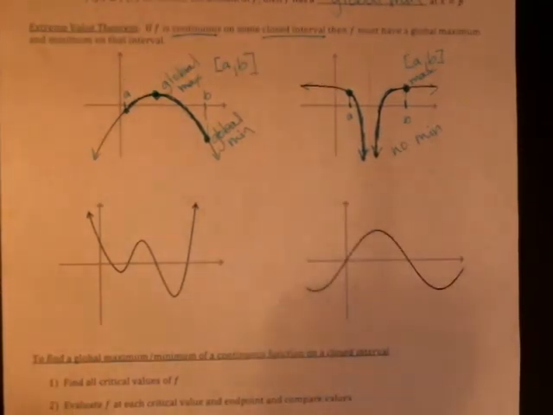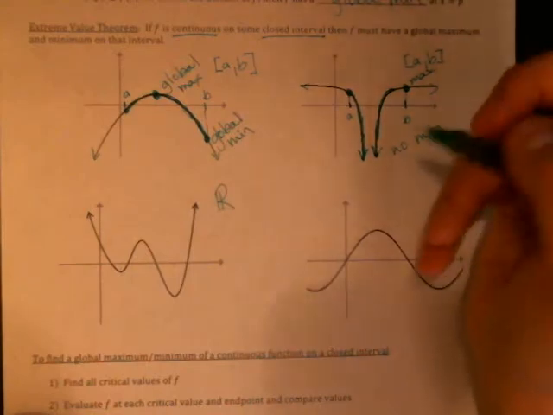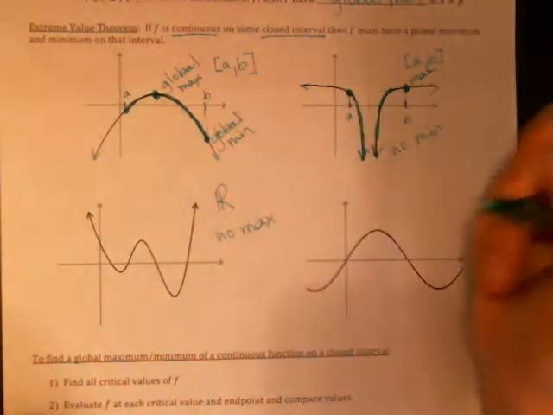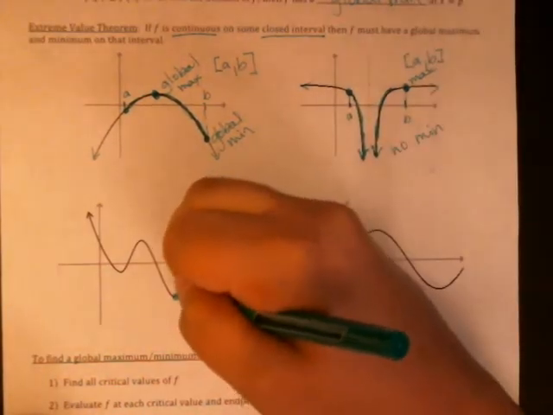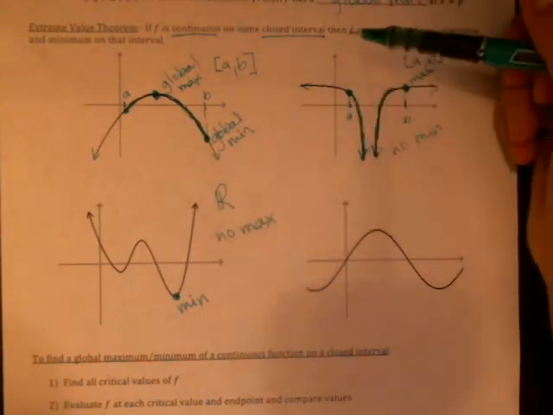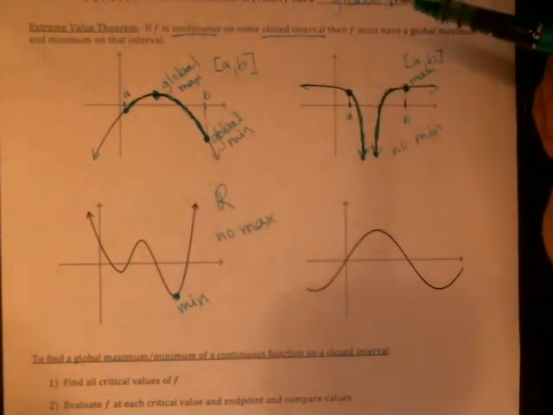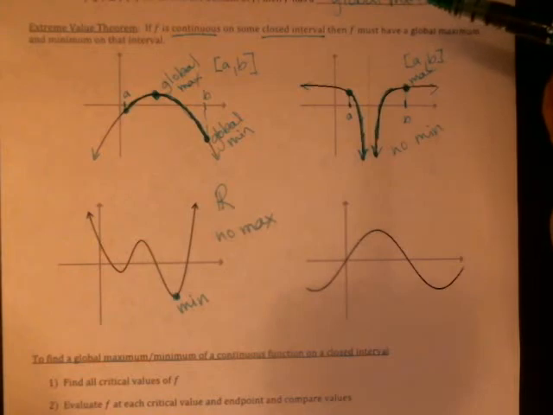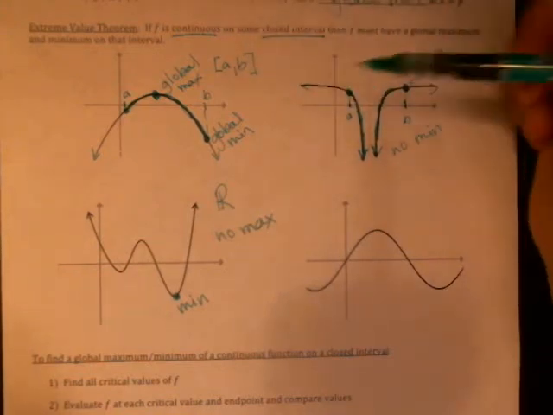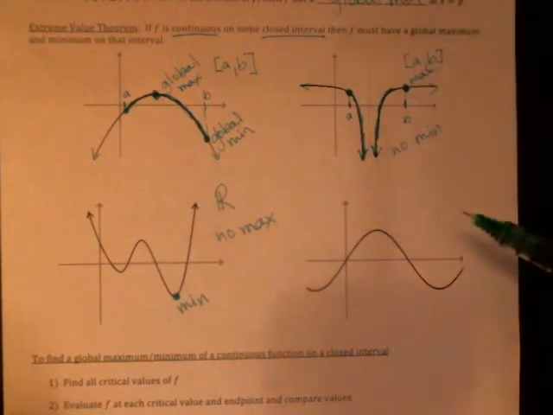Third one, if we look at all real numbers, we will see that there is no max, and there is a minimum. It's right here. And once again, this is acceptable according to the extreme value theorem because we haven't restricted the domain to a closed interval, if I can remember what we're doing now.